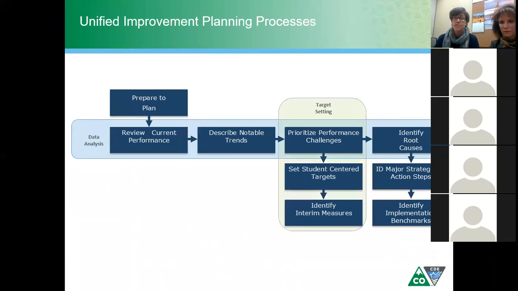Then we're going to get into action planning for target setting and the work of adults and systems through that action plan. And then based on this information, again, because we don't want the plan to be just a once a year box checking activity, we are going to engage in progress monitoring and say, how are things going and where do we need to make adjustments?